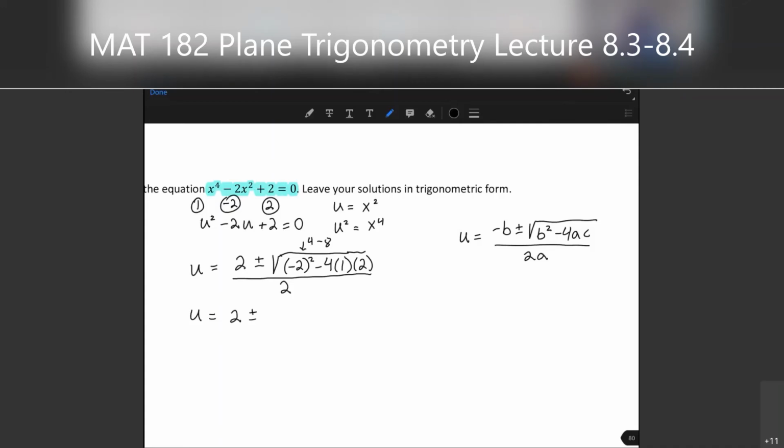Yep, we've got negative 4 in the square root, over 2. How could I rewrite the square root of negative 4? What is that written as? That's 2i. Excellent. Yep, Kevin, you got it. 2i, and then over 2. So what we have here is really 1 plus or minus i. Okay?